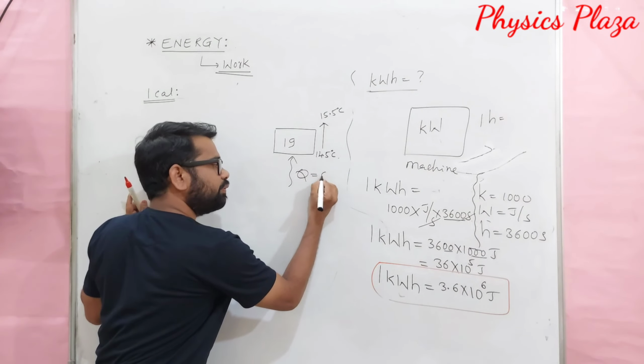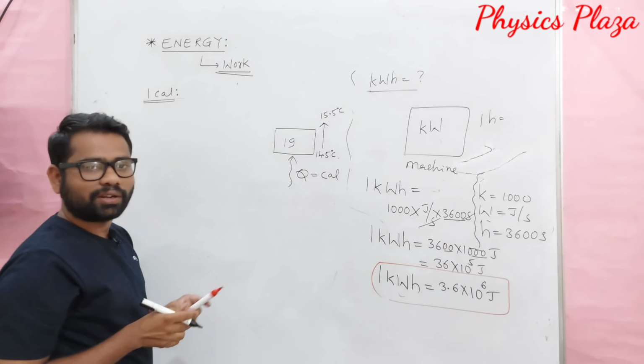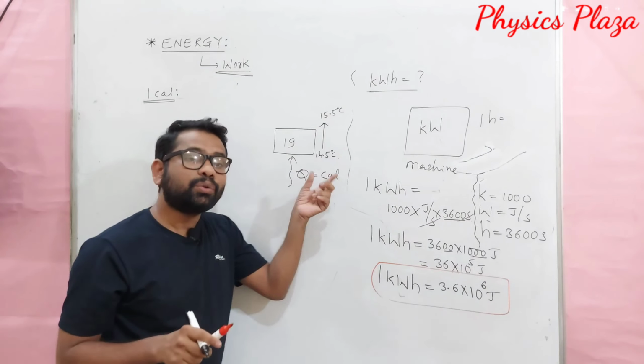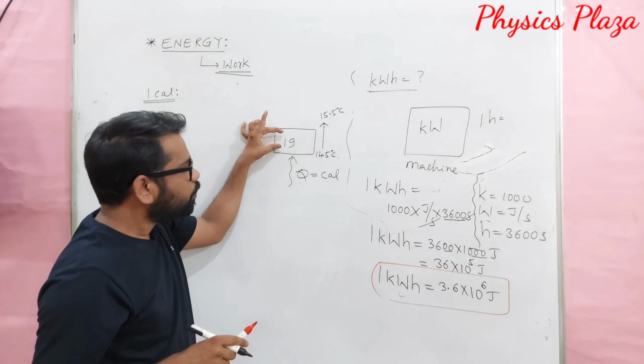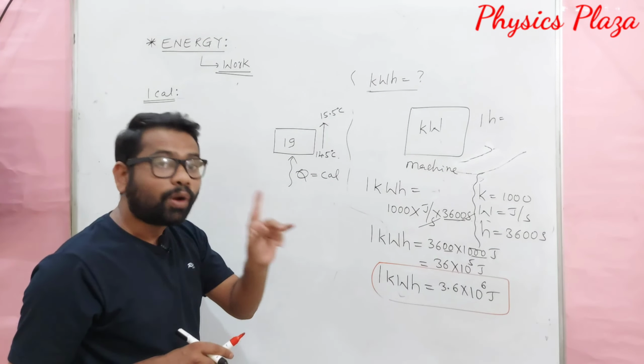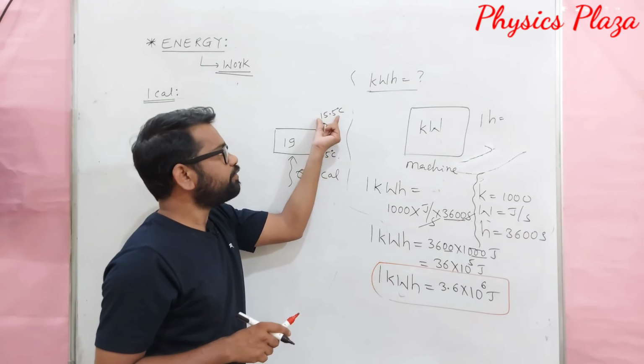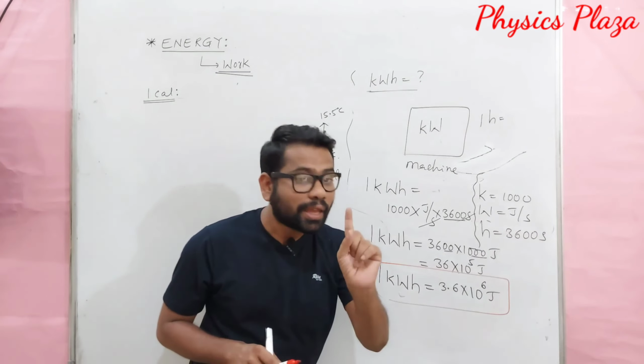This energy we can call a calorie. That is, the amount of heat energy required to raise the temperature of 1 gram of water from 14.5 degrees Celsius to 15.5 degrees Celsius is called a calorie.